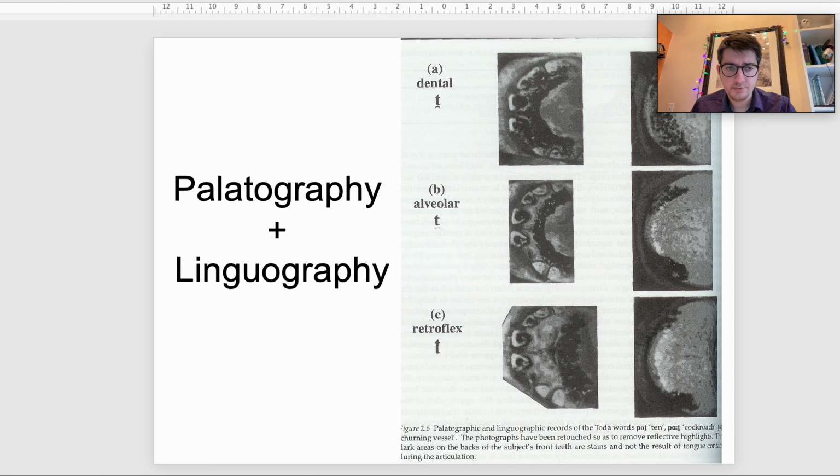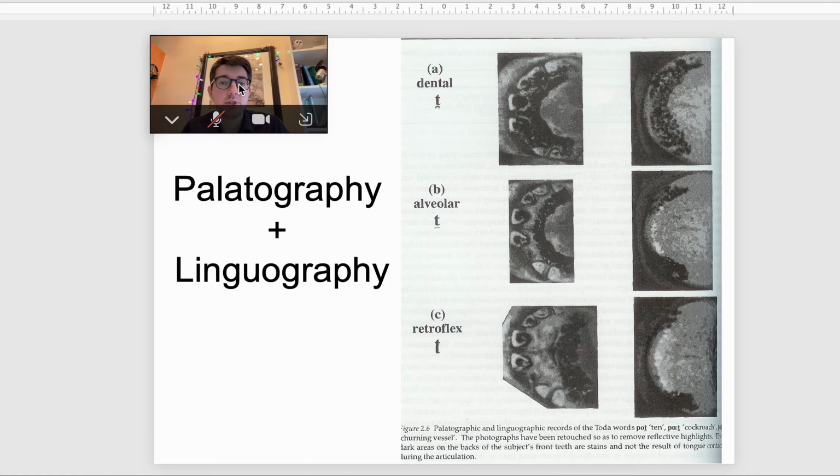Okay, so we've come to what we call palatography plus linguography. Palatography is basically a procedure where you apply oil and charcoal to one's tongue, that is to one's palate up there, and then when they produce a sound, the traces that remain after producing a sound tell us more of where that sound was produced, which region, right?